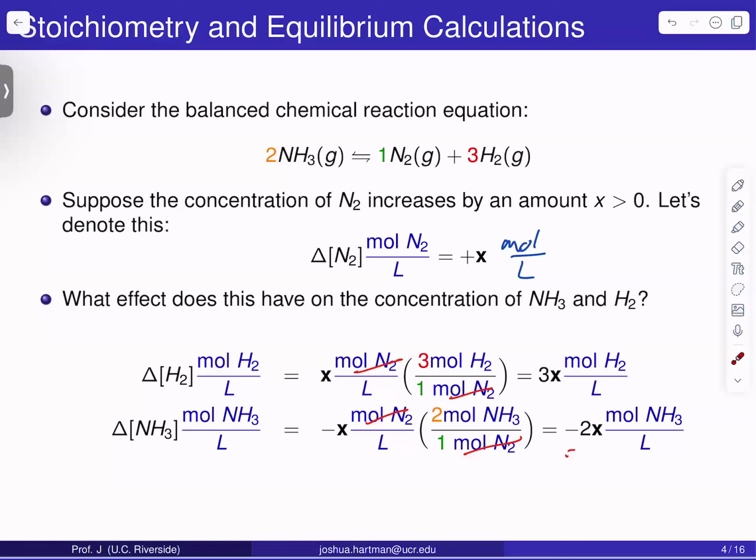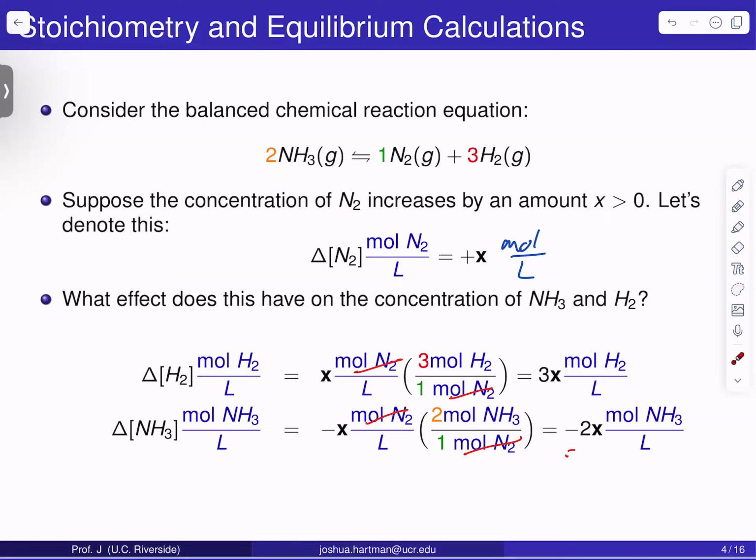And so to appreciate that, let's consider a little hypothetical scenario where we suppose that we increase the concentration of N2 by some amount X. And we're just going to always let X be some little positive number.